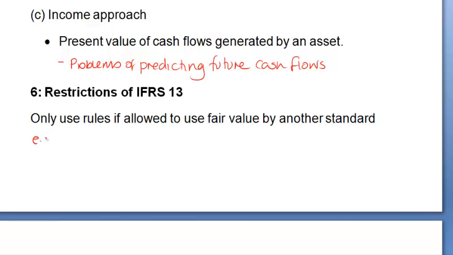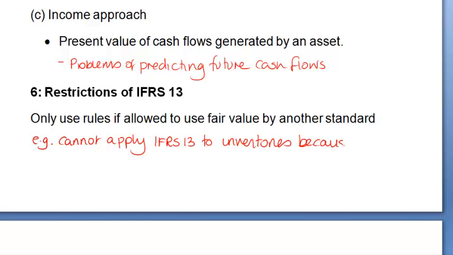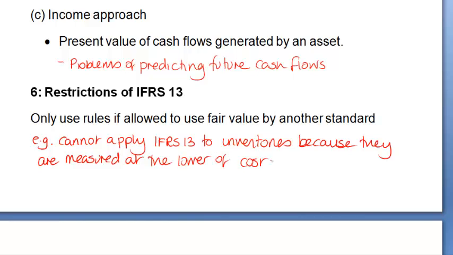For example, we cannot apply IFRS 13 to inventories because they are measured at the lower of cost and NRV.